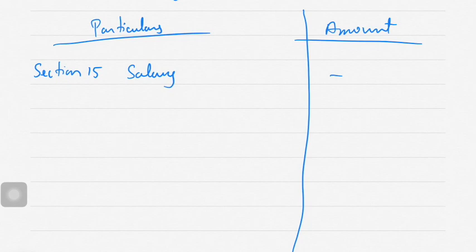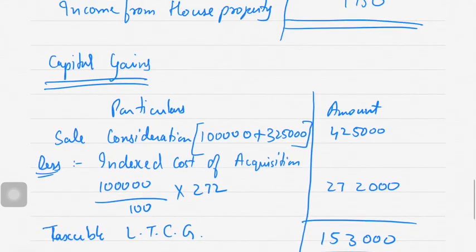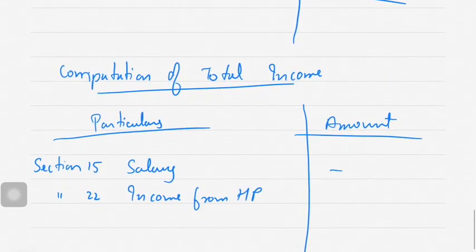It is nil. Section 22, income from house property, 1,750.